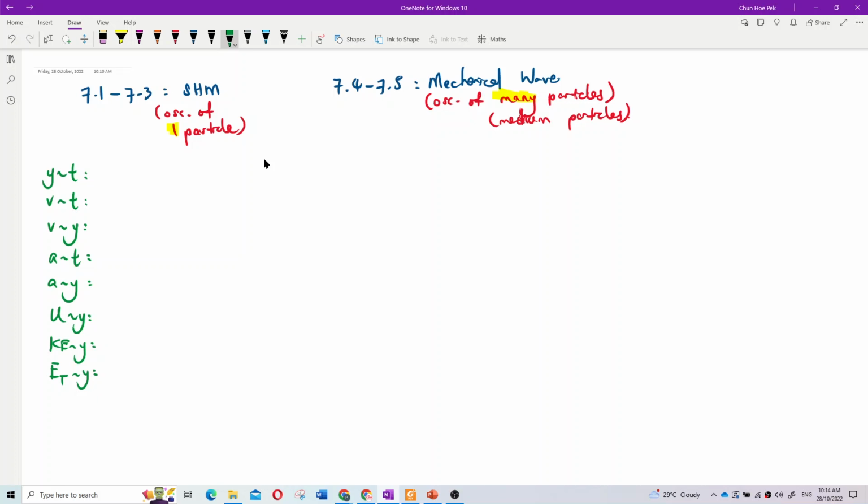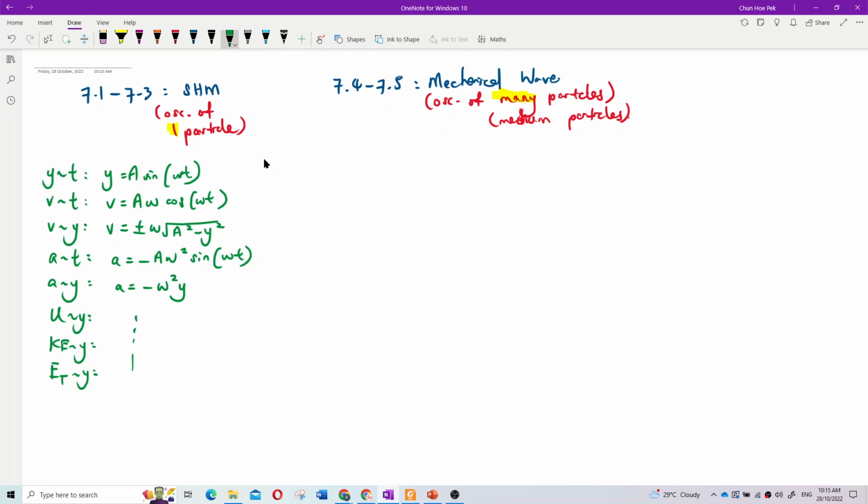So if I want to write everything down: y equal to a sine omega t, and then v equal to a omega cos omega t, and then v equal to plus minus omega square root of a square minus y square, and then acceleration time is a equal to negative a omega square sine omega t, and then acceleration displacement is a equal to negative omega square y, and so on, all the kinetic energy.